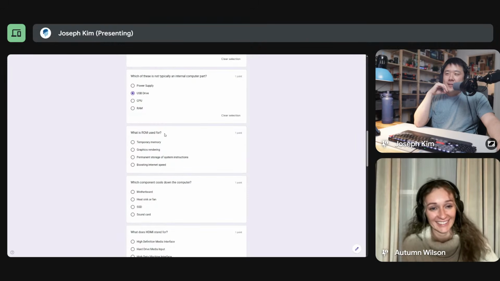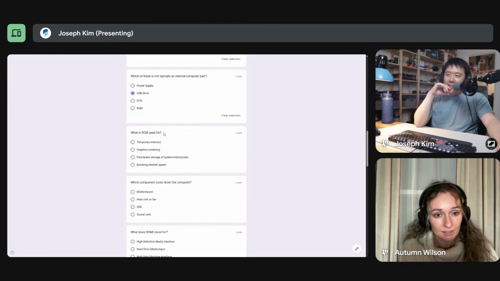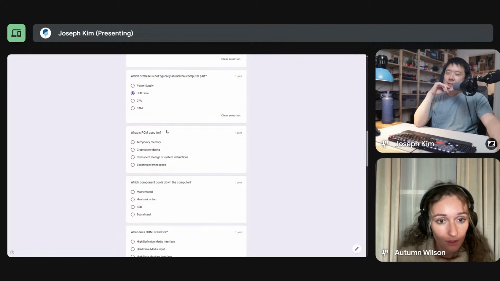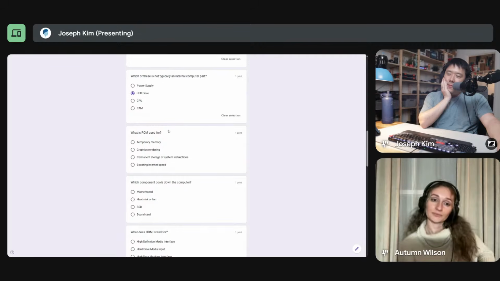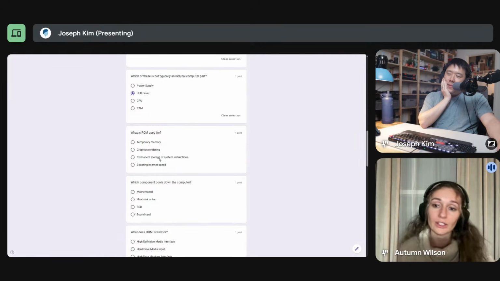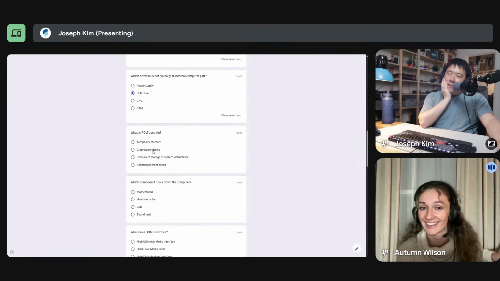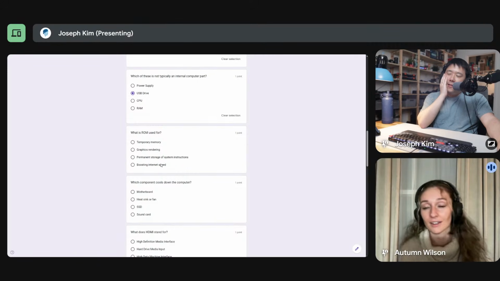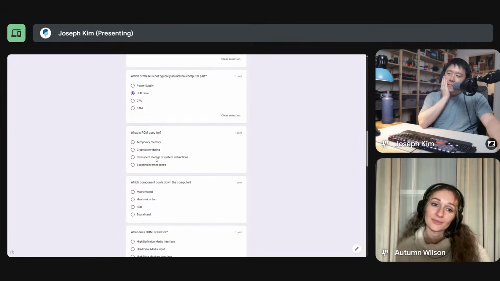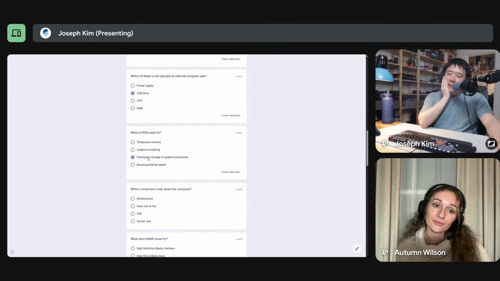What is ROM used for? Is this completely wrong? Is ROM temporary memory? I don't think it's temporary though. It's a CD-ROM. CD-ROM is not considered temporary memory. Graphics rendering, I know that's a graphics card, right? And boosting internet speed would be your modem. I would think the permanent storage is the correct answer.